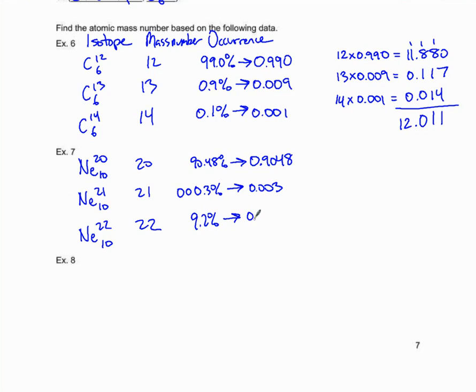This one, 0.092. Doing the same type of thing as we did before, the mass number times the occurrence. And writing down the numbers.